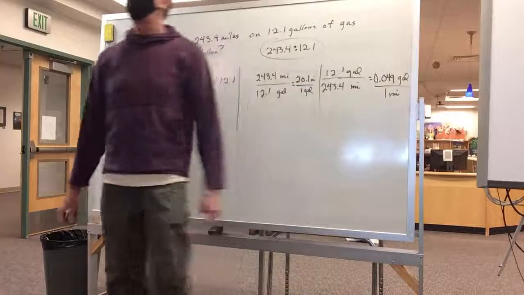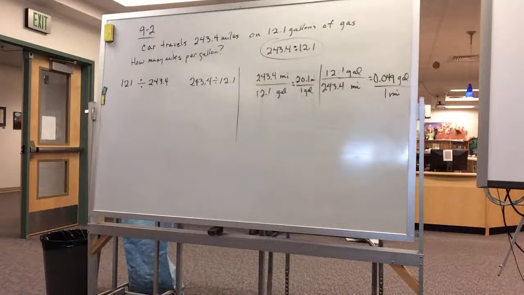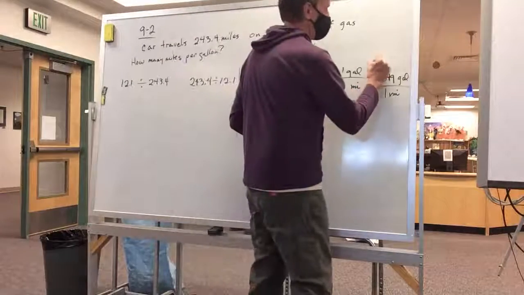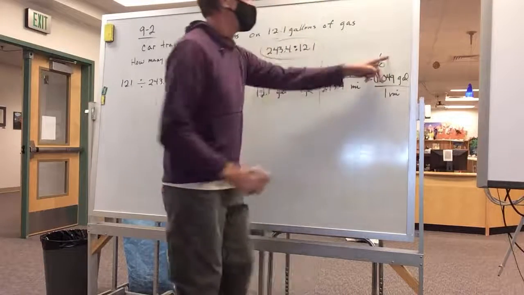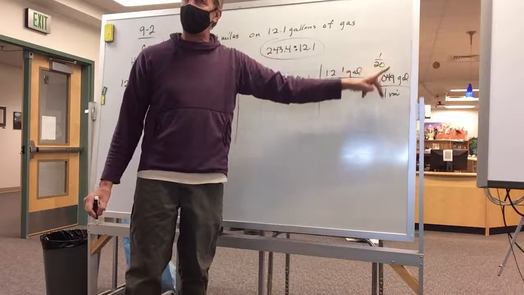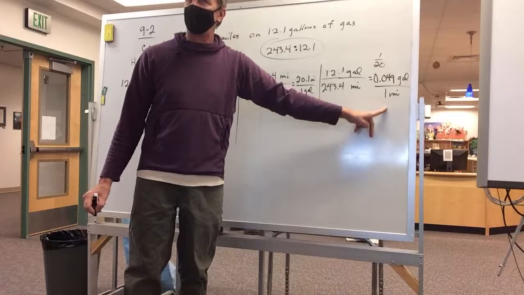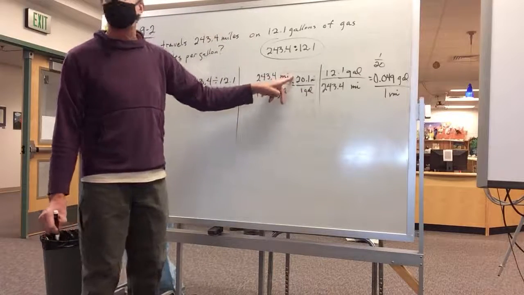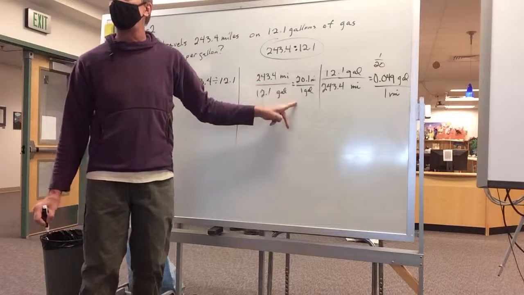So it's 0.049 gallons per mile, so roughly 1/20th of a gallon per mile. See, this is really close to 1/20th. So if you use 1/20th of a gallon in a mile, and you go 20 miles, that's about like 20 miles per 1 gallon.